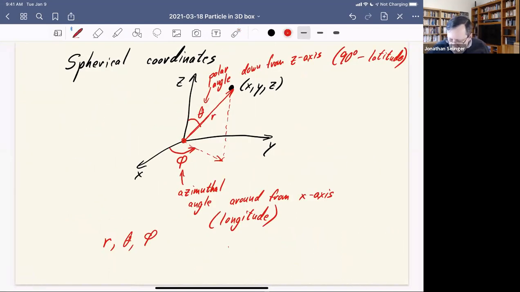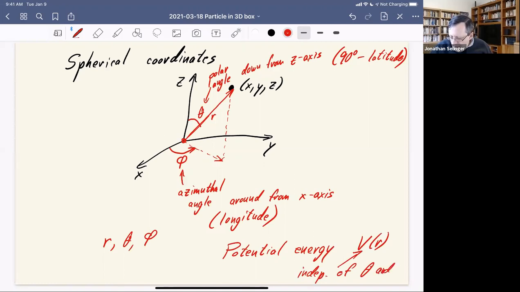So the potential energy in any of these central force problems will be just V of r, independent of theta and phi, right? And so this is a huge simplification in the potential energy term.